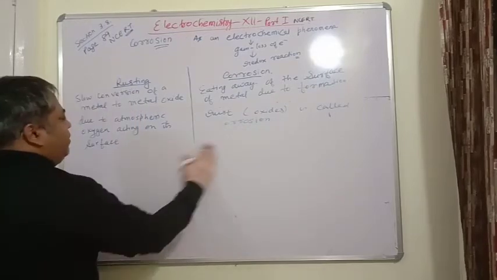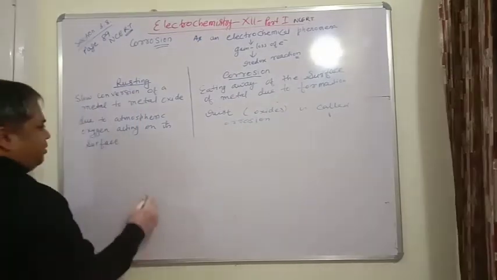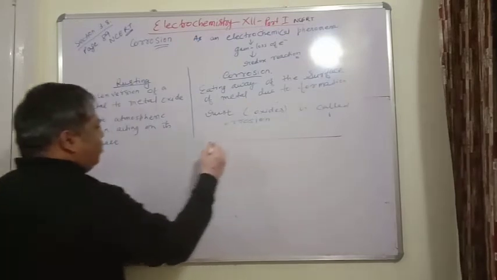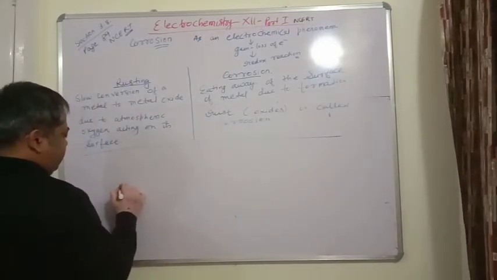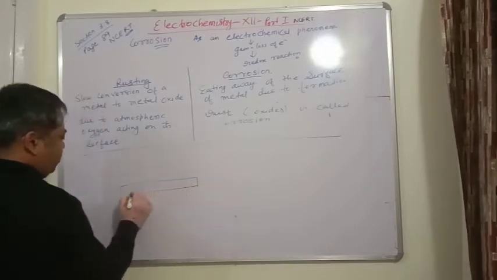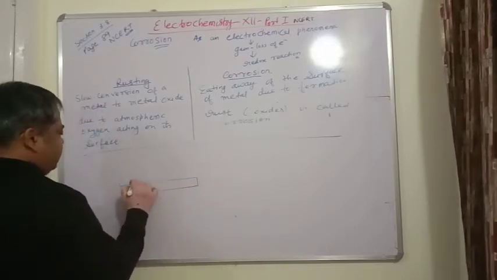So a small electrochemical cell is developed when water is in contact with iron. Say if it is an iron rod, and there is a droplet of water.